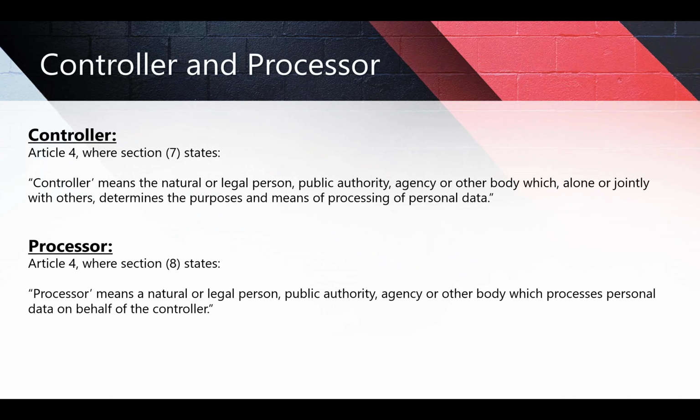So processors will process the personal data according to the directions that the processor will receive from the controller. In many cases, processors are not the decision makers, but they are bound to the directions that they receive from the controllers. And I can give you a simple example: we have third parties in the IT world, like third party clients, third party contracts.